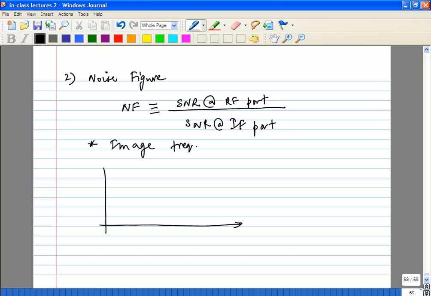So let's just draw it out. It's a lot easier to see it. Let me exaggerate it a little bit so that we can see it much better. Let's assume this is your noise floor. So you have a noise already coming in, some SNR coming in.